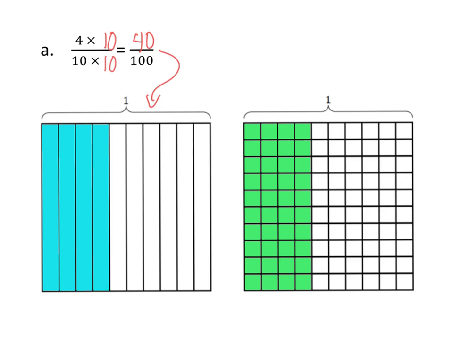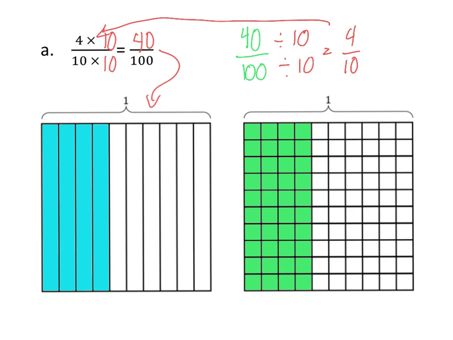I just modeled both. But if I wanted to go back and show you again, if I wanted to simplify or find the equivalent fraction to 40 hundredths using division, we can do that. We divide the top and the bottom by 10, and we get 4 tenths, just like we did over here, but we used multiplication.